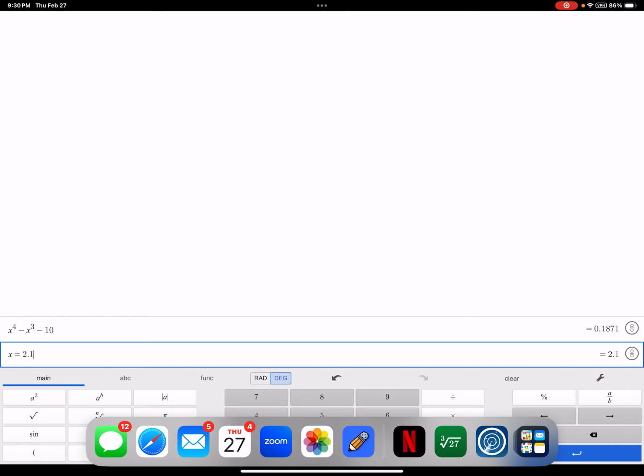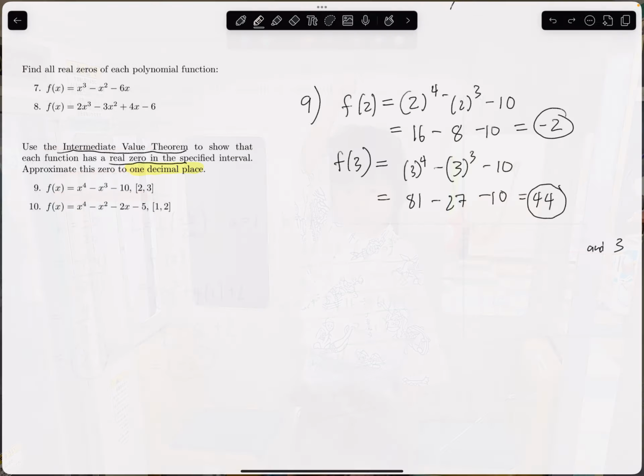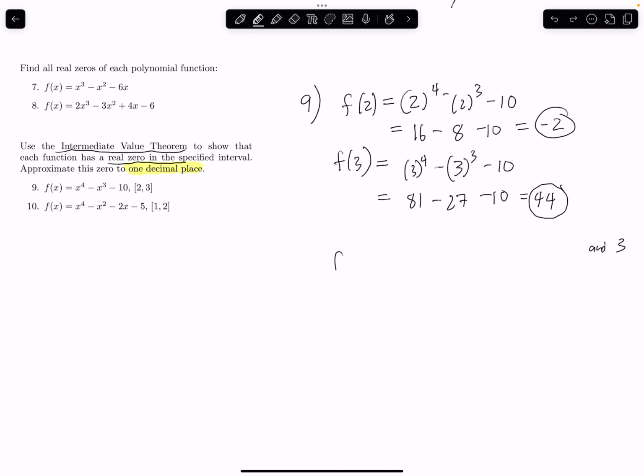Let's see. Here. So f of 2.1 is greater than 0, whereas f of 2 was less than 0. So the root is between 2 and 2.1. So that's within 1 decimal place of the true value, right?